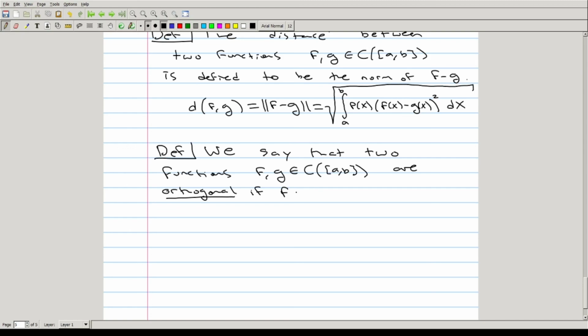So if f dot g is equal to the 0 function, this means that the integral from a to b of p of x times f of x times g of x dx is equal to 0.